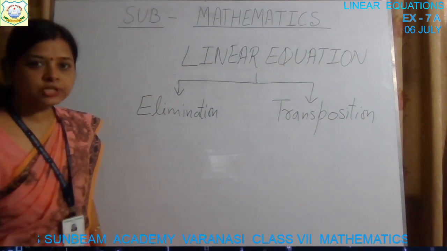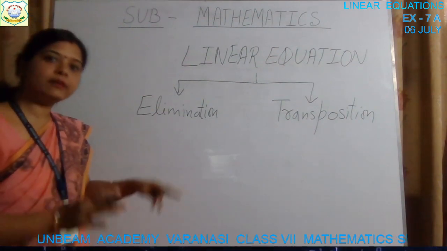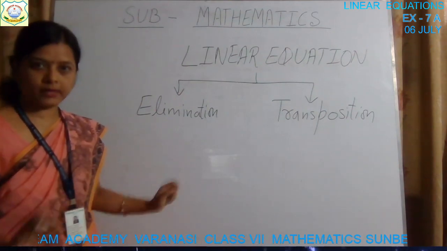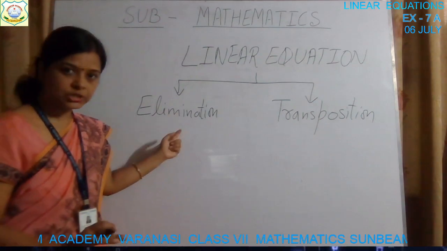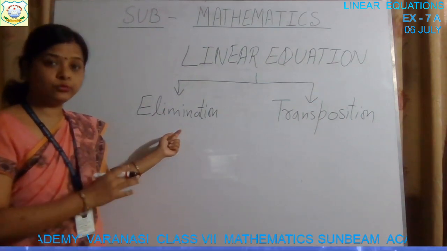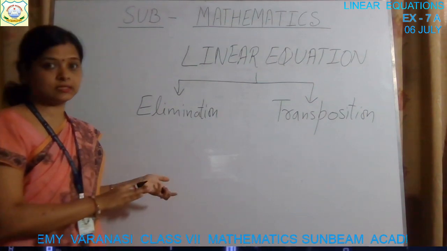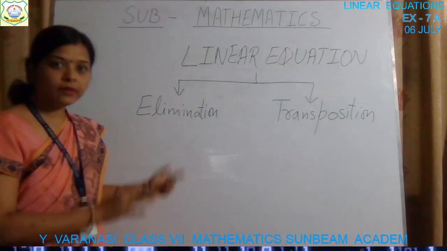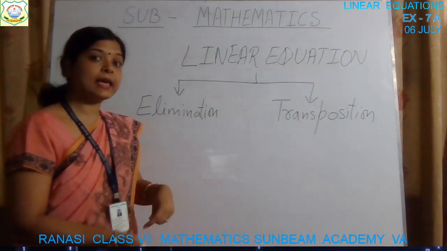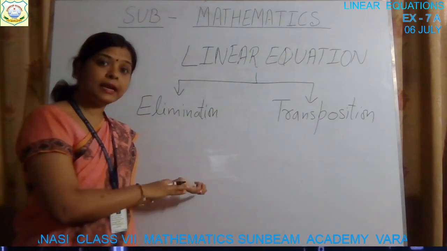In the elimination method, we will eliminate the values which are attached with x one by one. And in transposition, we will separate x, the variable, on one side.